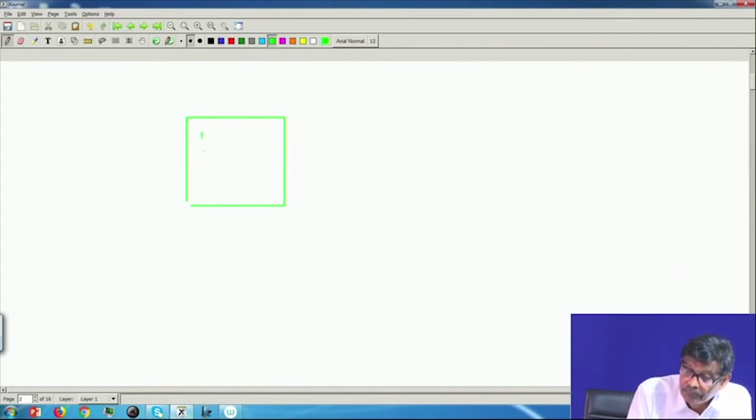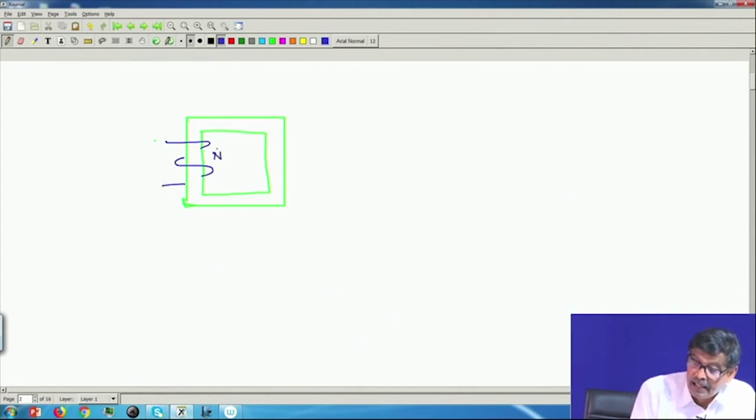Suppose this is the core of the material. Let me draw slowly. Okay. And suppose you consider a single coil, same magnetic circuit with n turns.